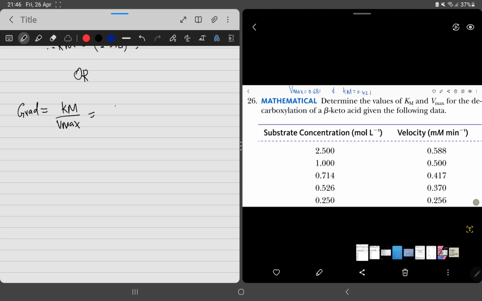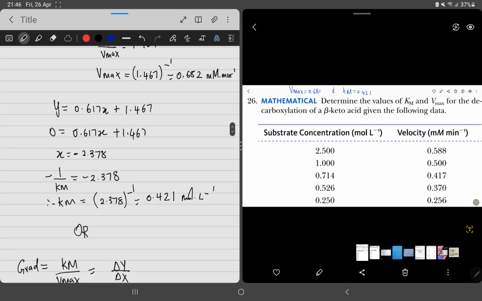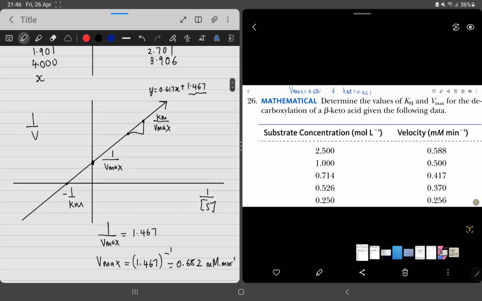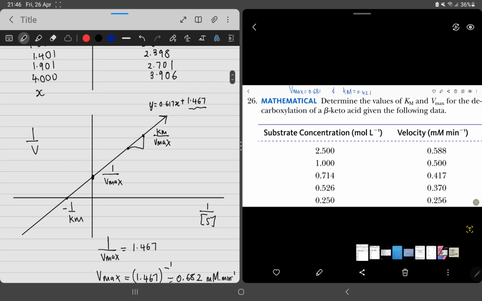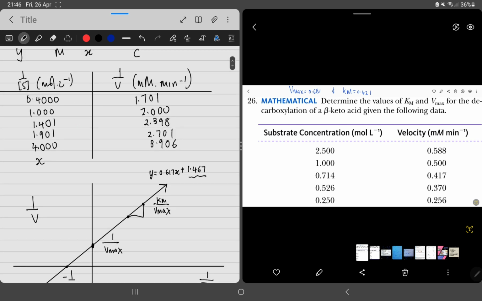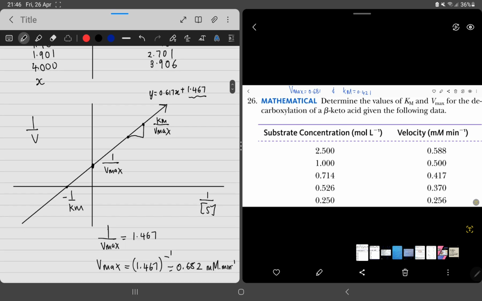So the gradient is equal to Km over Vmax. And then we know that the gradient is the change in y over the change in x. For simplicity, I'm not going to use the graph. I'm just going to choose 2 random points from the table.